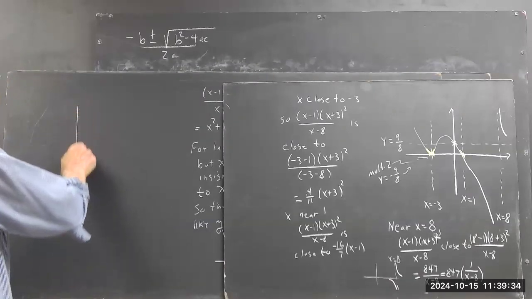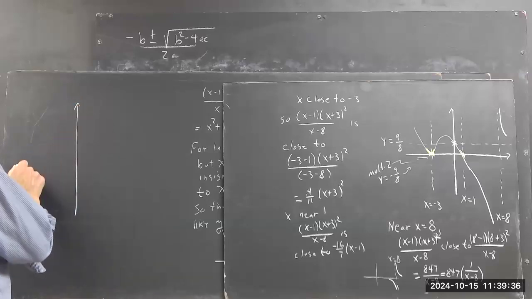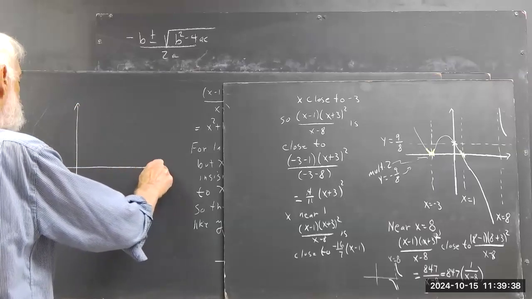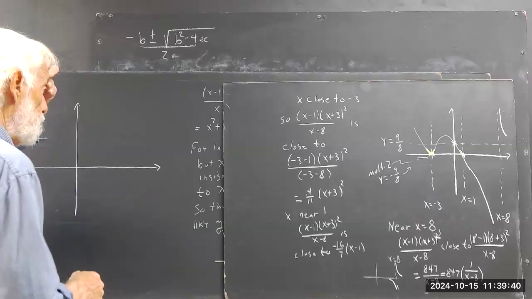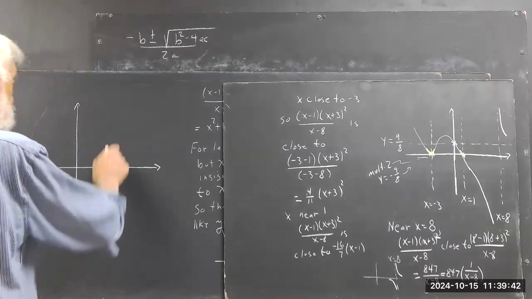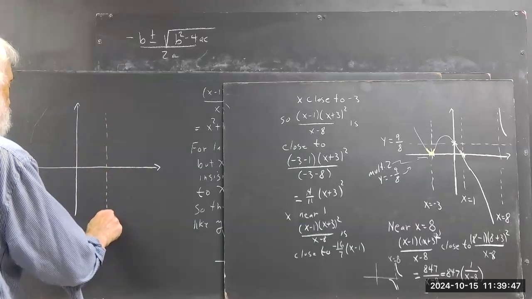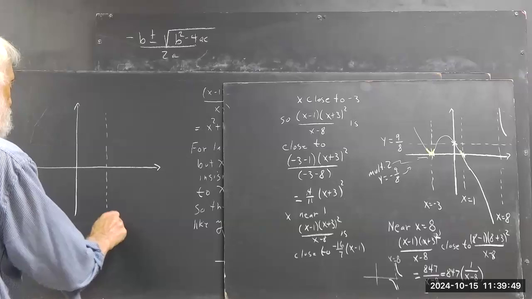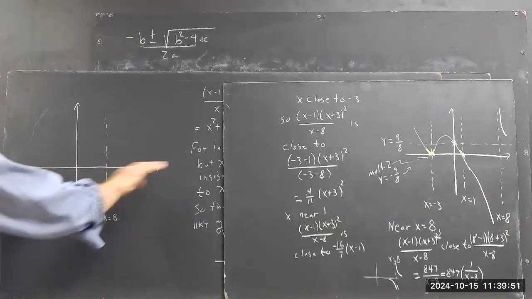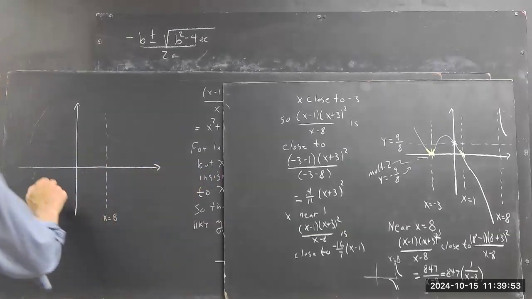Okay, so here we are. And we have the line x equals 8, which I'm going to put in about here so we can go out into some larger values of x.